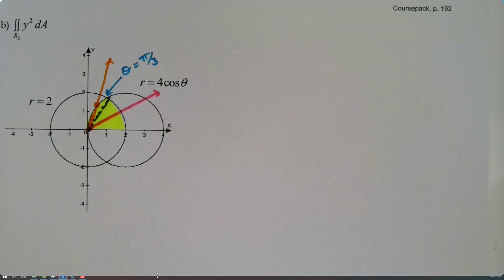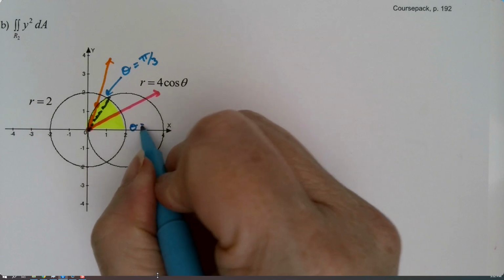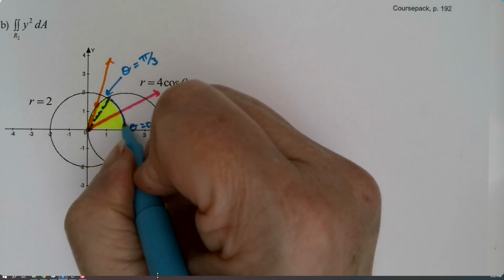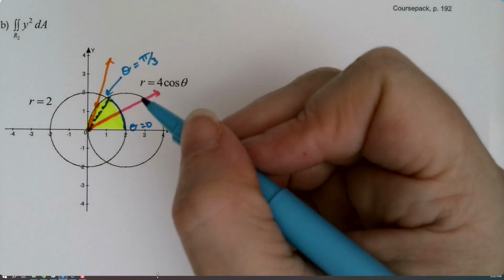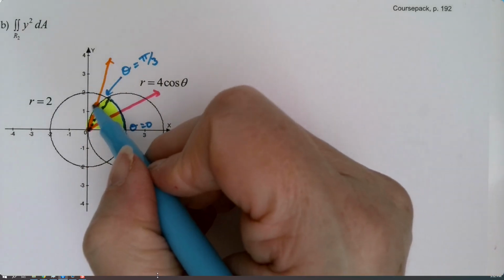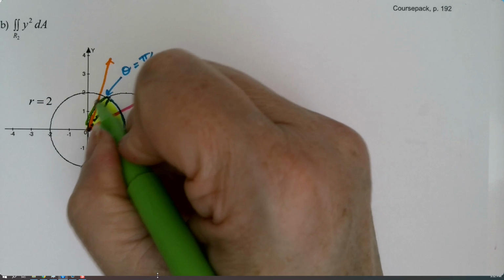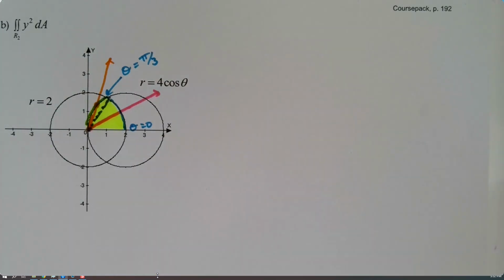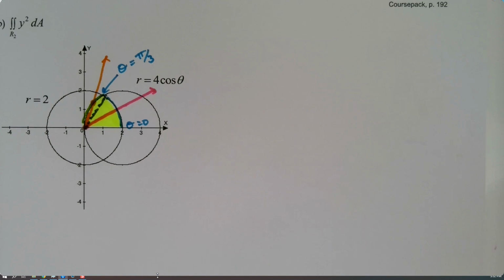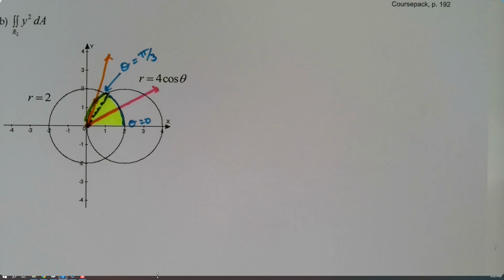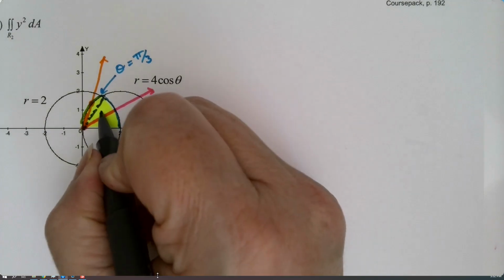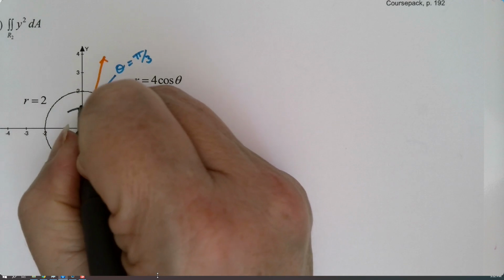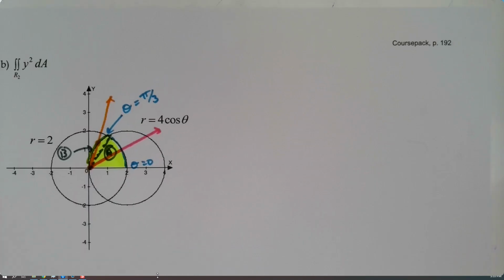From theta equals 0 all the way up to theta equals pi over 3, right? We need that piece. Then we need another piece over here, which starts at theta equals pi over 3, but ends over here. So we're going to have to find two double integrals. So let's call these sections, if we will. Section A over here and section B over here. All right, let's find the integral for A.